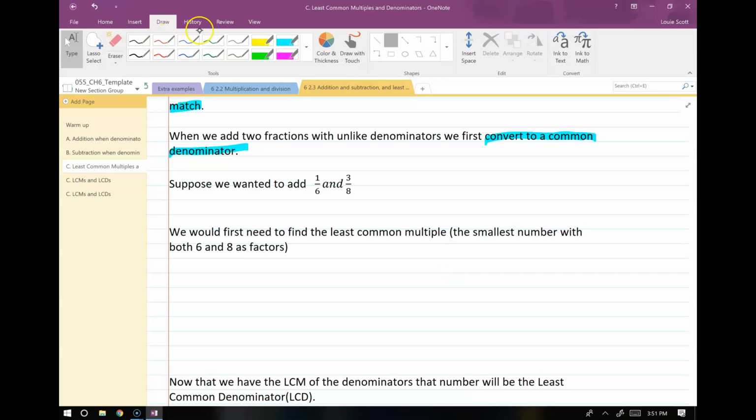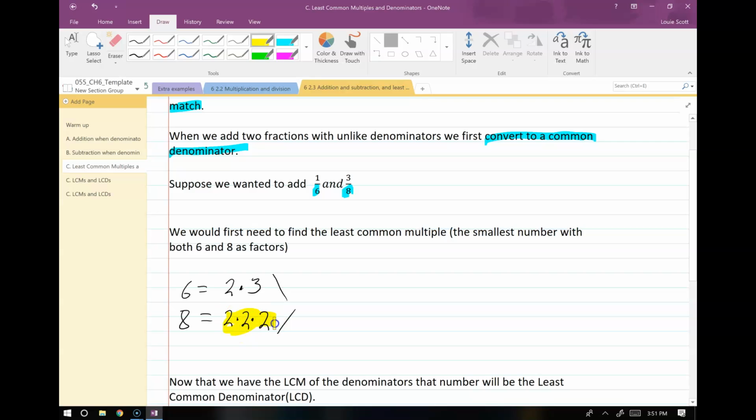Suppose we wanted to add 1/6 and 3/8. The first thing we do is list both denominators, 6 and 8, and list their prime factorizations, 2 times 3, and 2 times 2 times 2. We choose one of them.